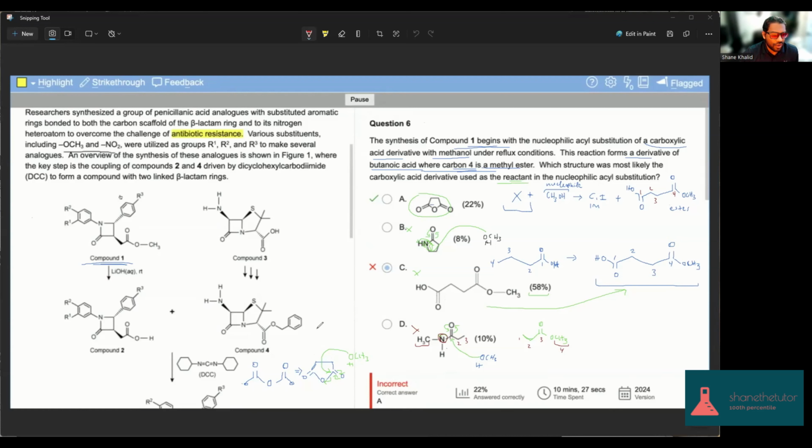So when you have that opened up, what does it look like? It's going to look like this. I can go into the mechanism of it, but all in all, it should make sense that if it opens up, I guess I'll draw it. So it'll open up like this. Let's see.